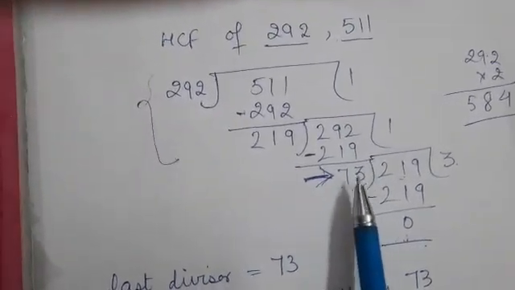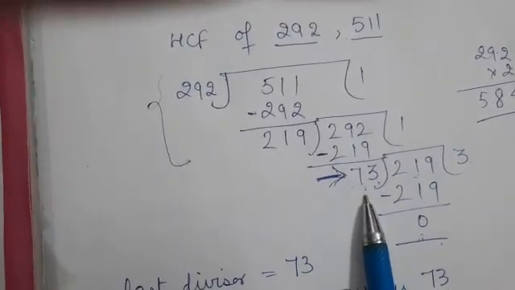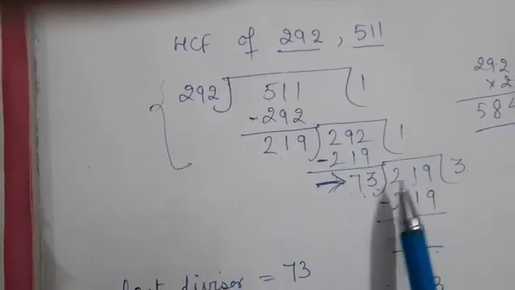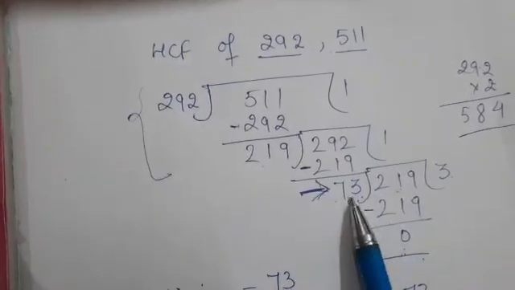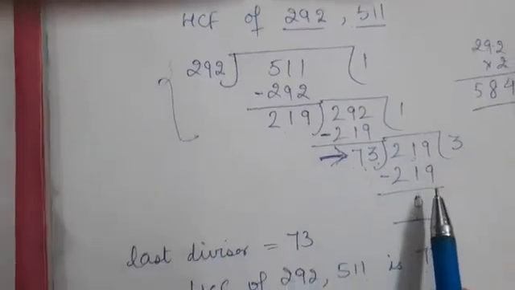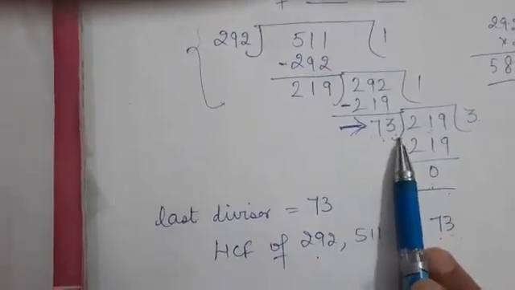Now 73 is remainder here, but for the third step it will act as divisor and the divisor of the second step will act as dividend. 73 threes are 219. Now as 73 is completely dividing 219, our HCF is 73, or the last divisor is our HCF.